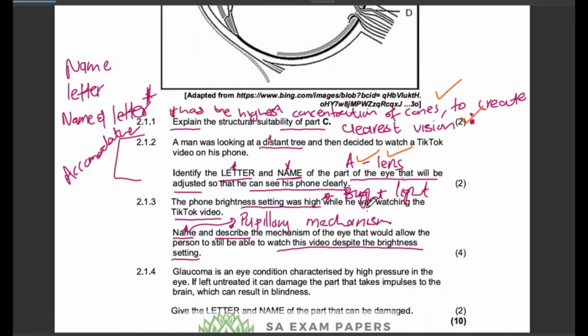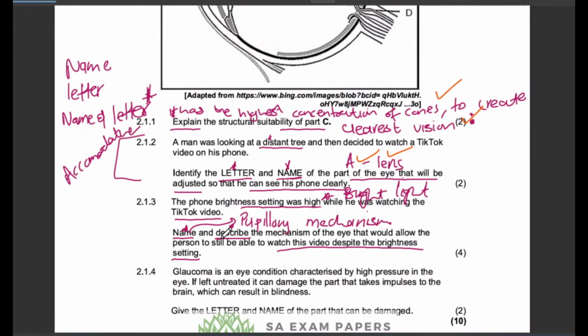Remember, you have accommodation for the distance, and there you are looking at the lens and the suspensory ligaments and the ciliary muscles, right? Then pupillary mechanism, you are speaking about the radial and saccular muscles. Then you speak about what happens to the pupil, and then you speak about the amount of light that enters the eye. All right, so now we've answered the first part of the question.